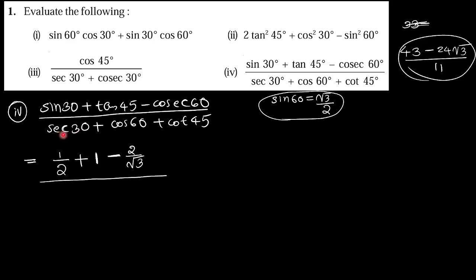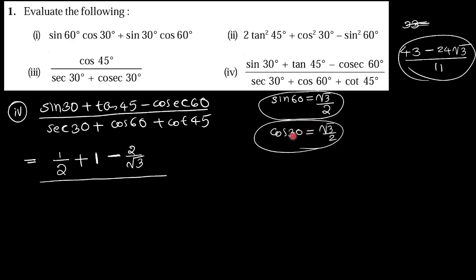Sec 30 we have no idea. But cos 30 we have studied, root 3 by 2. But I want sec 30. Sec 30 is the reciprocal of cos 30. Understood? Anybody has sent the solution?